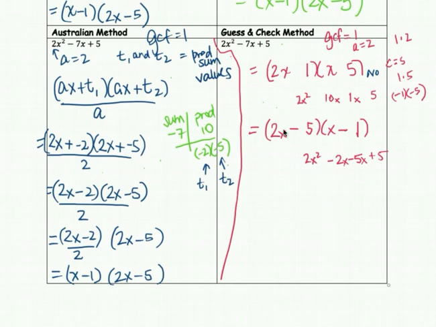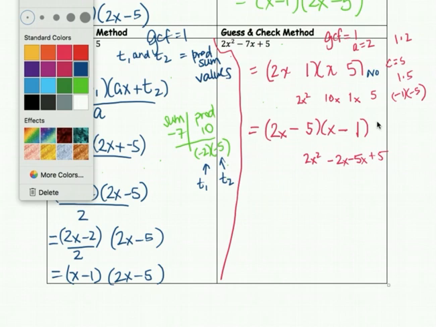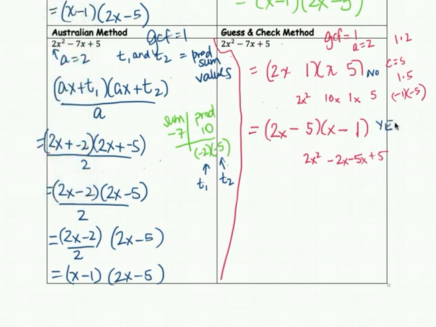I always put negatives in first, and then I'll change one to positive, or change them both to positive. In the end, it's just another way to do it. It's called the guess and check method. So this one worked, and you'd say, yep, that's your final answer. It's about just throwing factors in, checking it by multiplying out to see if you get back to the original, and you might find that it's a lot faster than other methods like decomposition and the Australian model.